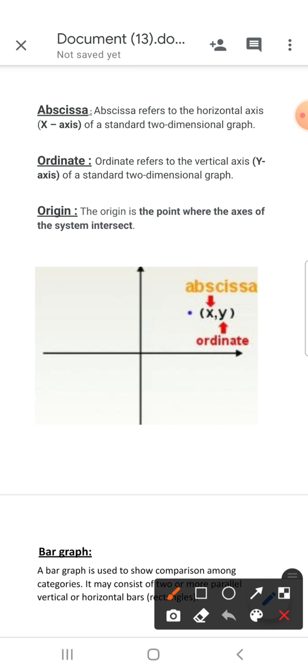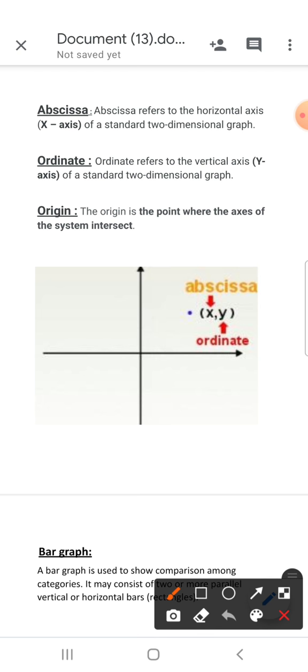So here the x, if you have any point like this x and y, to represent any point you just denote that by x comma y in graph. So the point x is called abscissa here and y is called ordinate. We will know further more about how we can represent the points here.